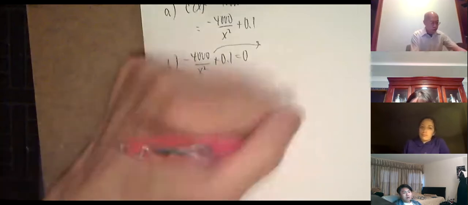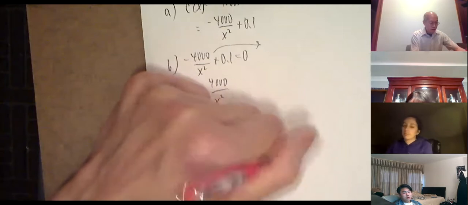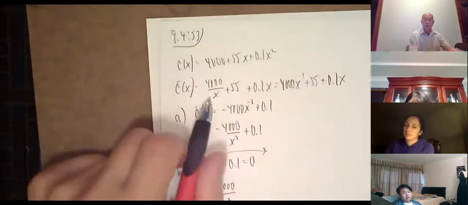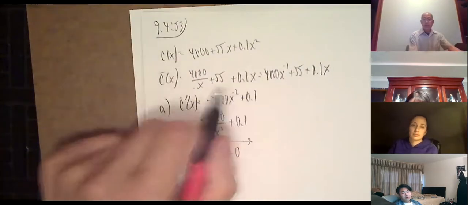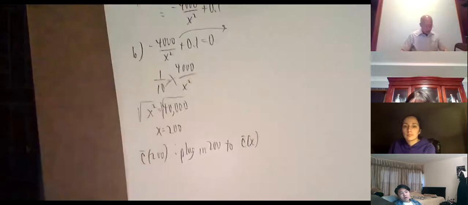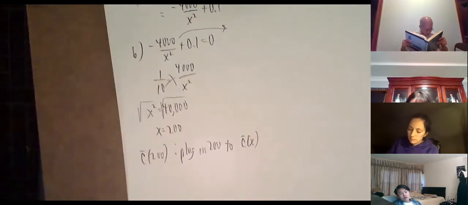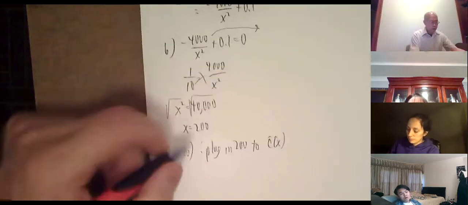Plug in 200 to C bar of x. That means 200 goes in here. And again, I don't want to take up class time for that. And then it also says find the instantaneous rate of change of cost. So that means you plug in 200 to the derivative.